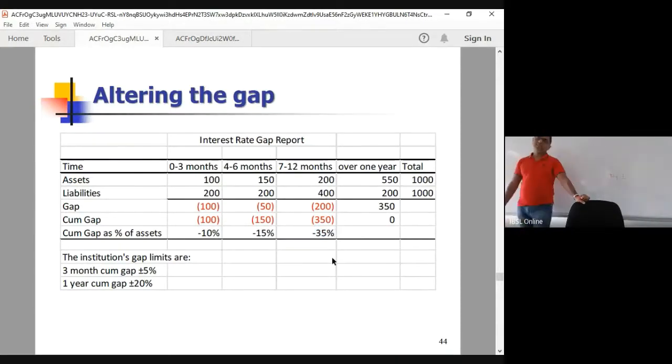You're just trying to understand, against your total assets in each of these buckets, if the interest rates were to change, what the impact would be, how much of a percentage of your assets are sitting there, based on the gap that you have between your assets and liabilities in that particular bucket.